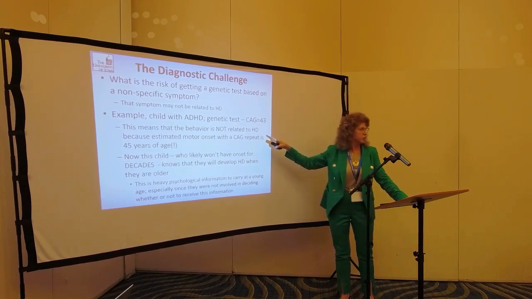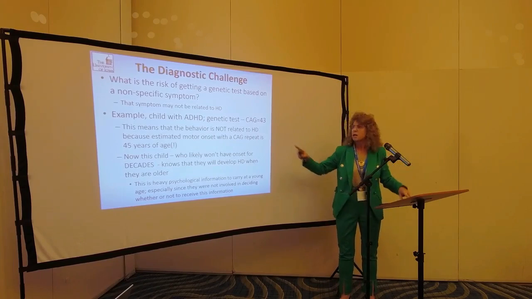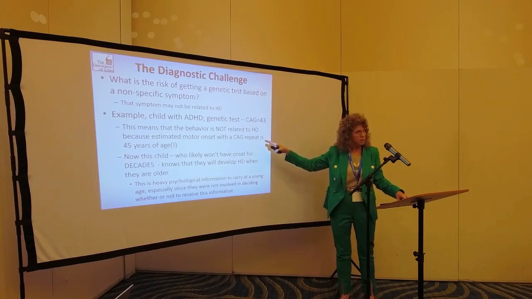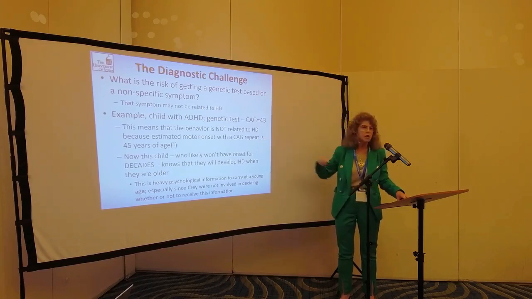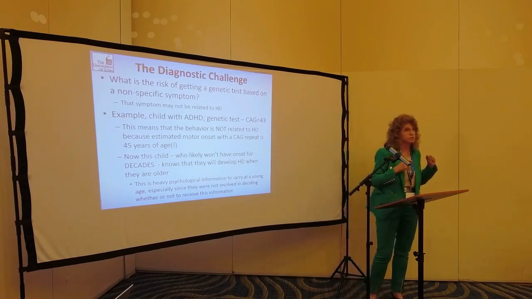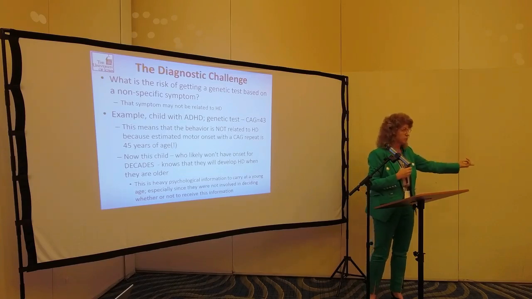This means in general, because they don't have any motor symptoms, now you've just pre-symptomatically tested a young child. That young child is not going to get sick with Huntington's until they're about 45 years of age. Now they're saddled with that psychological information of knowing at a young age that they're going to develop Huntington's.